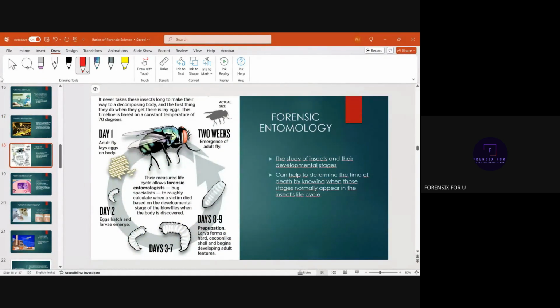And forensic entomology is basically the study of all the flies or microbes growing on a dead body in order to estimate the time since death, because there is a successional life cycle of insects and other microorganisms growing and feeding on the dead body, and they appear after a particular amount of time. Each species has its own significance and its own time when it appears on a dead body. So, studying them can also help us understand the time before which the person has died.